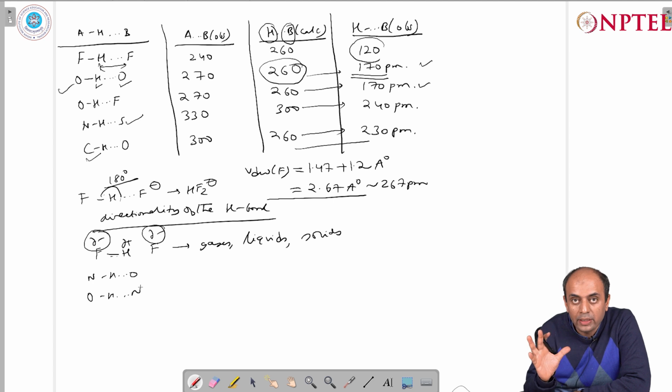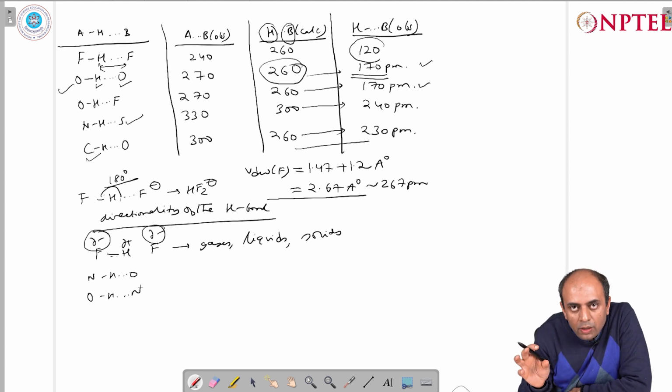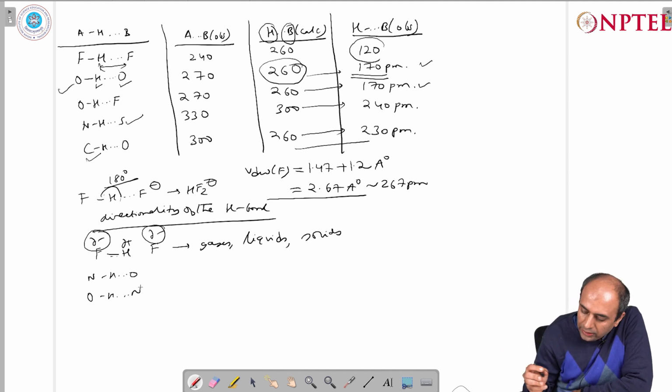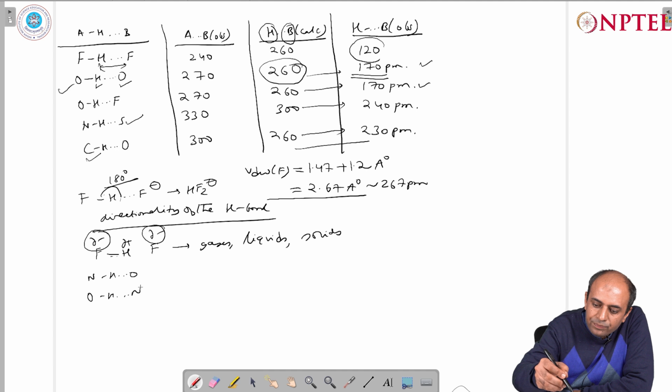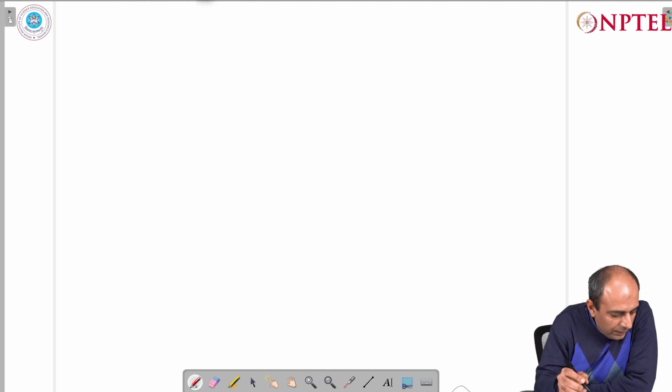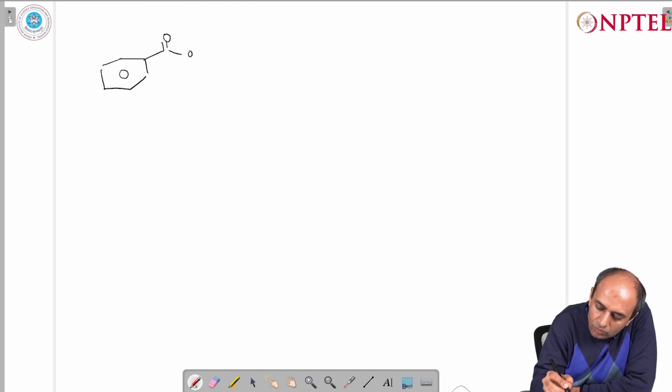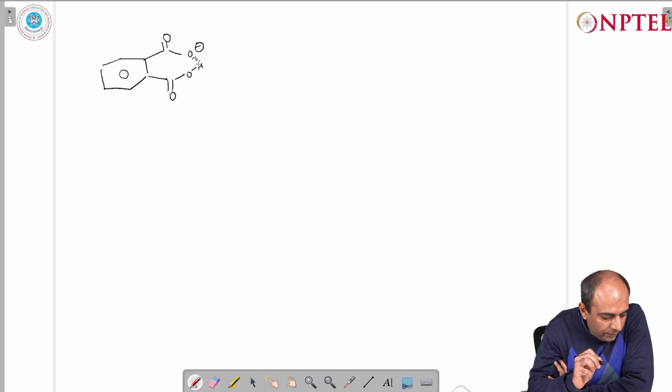And hydrogen bonds can be present within the molecule also. They can influence the properties of the molecule, and they are also present between the molecules. So we can look at examples in this regard. For example, we can consider the phthalate ion, which comes from phthalic acid.